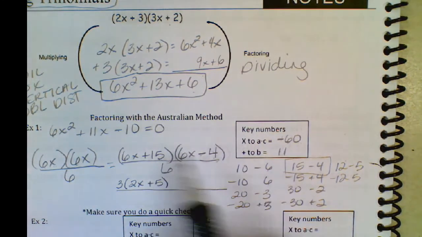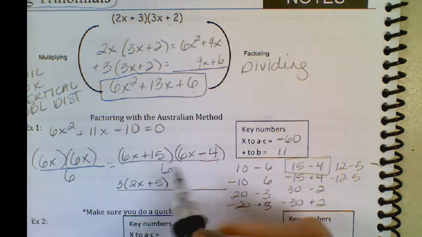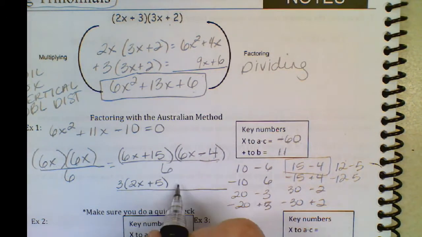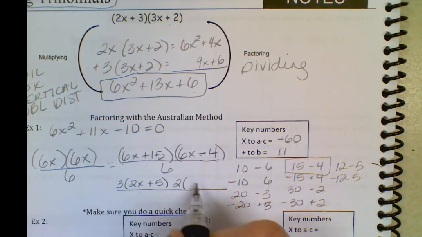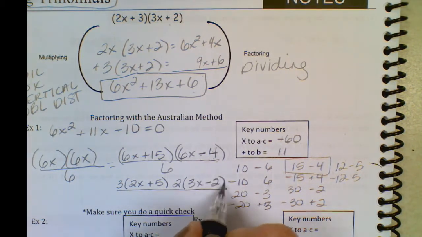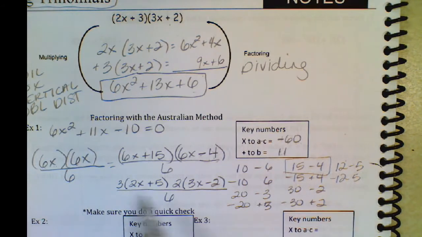Out of 6 and negative 4, I can take out a 2, and I get 3x minus 2. Sorry, there should be a 4 right there. 15 minus 4 is 11, and 15 times negative 4 is negative 60.